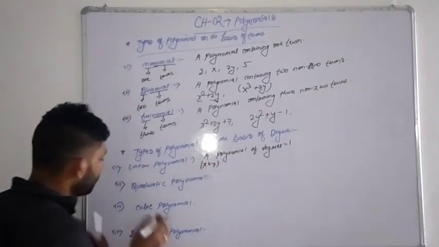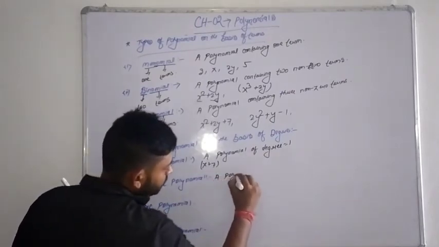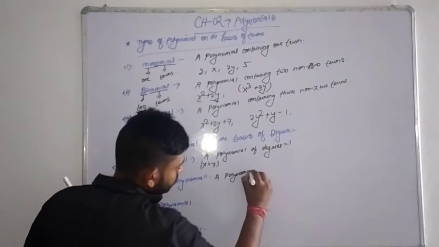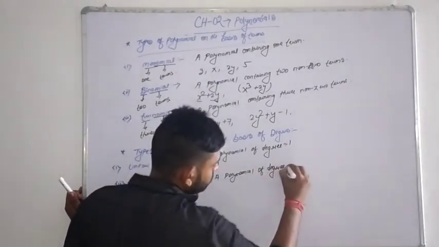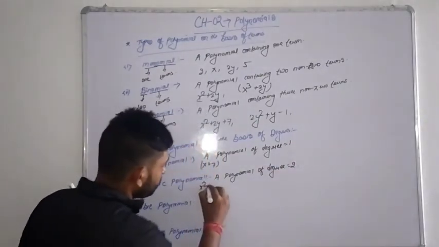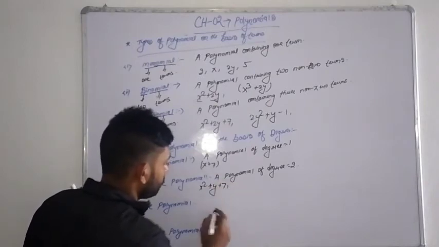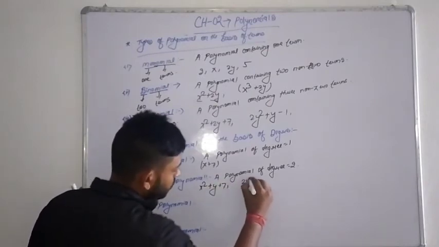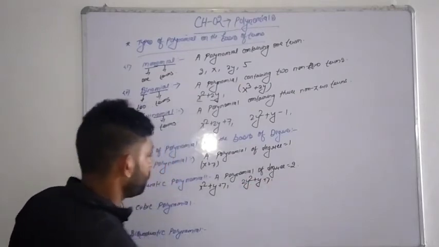Quadratic: a polynomial of degree equal to 2, for example x square plus y plus 7, or 2y square plus y plus 7.